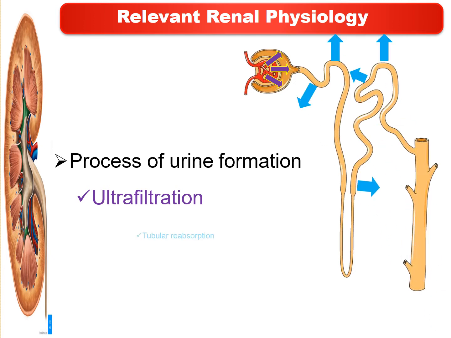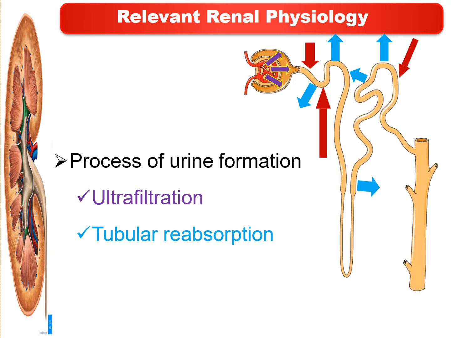Then the second one is called tubular reabsorption. After the tubular reabsorption, the process of tubular secretion follows. So, by these three physiological processes, the urine formation takes place.